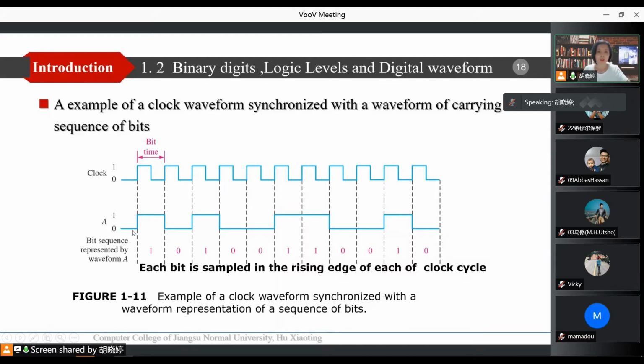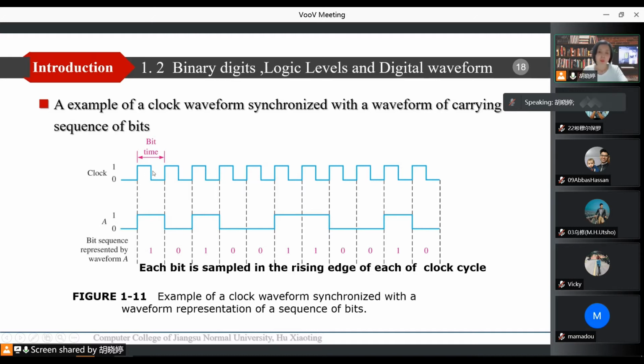In a general transfer system, if you want to use a waveform to transfer some information, you need to use another waveform, the clock waveform, to synchronize the series of bits.